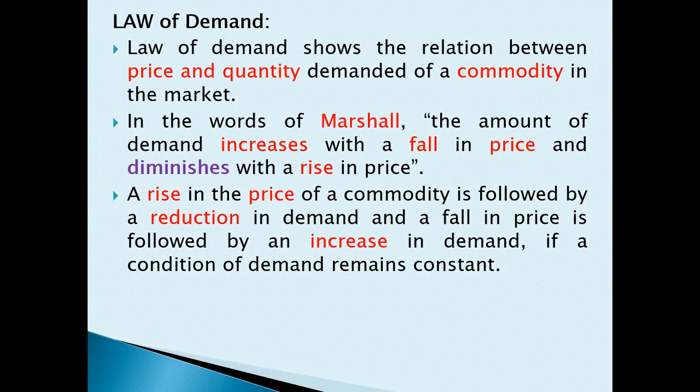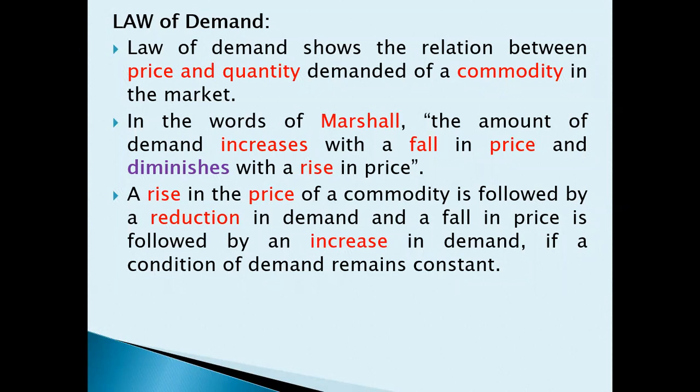If there is an increase in price, the demand decreases, and if there is a decrease in price, demand increases. Getting this? This law of demand was told by the great economist Marshall.